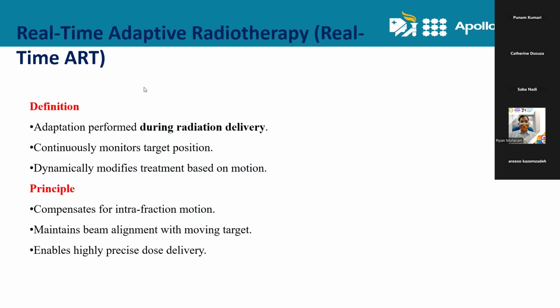The third one is real-time adaptive radiotherapy. Real-time adaptive represents the most advanced form of adaptation, where adaptation is performed during the radiation delivery. It continuously monitors target positions with the help of tumor tracking, RPM, which we use in our center.